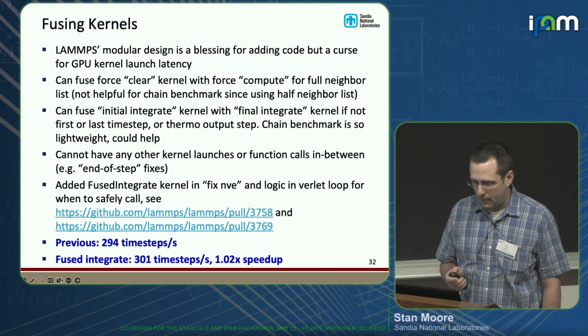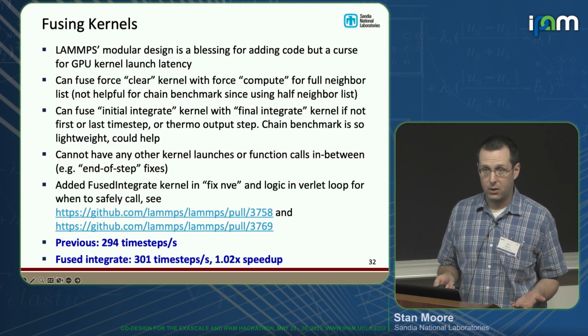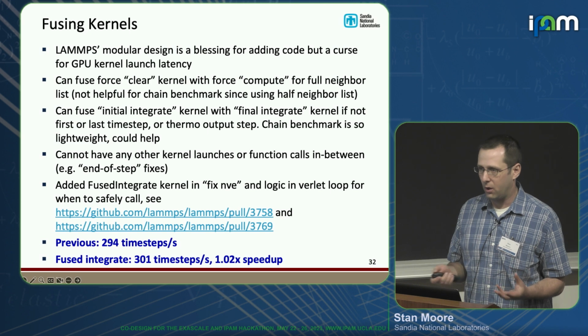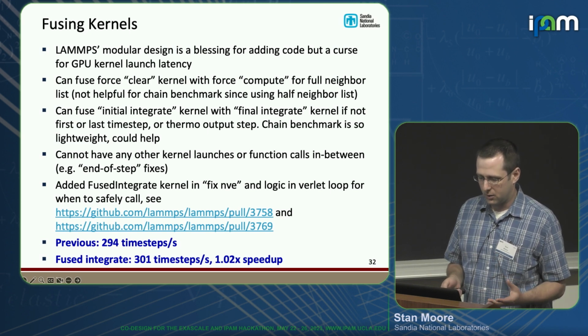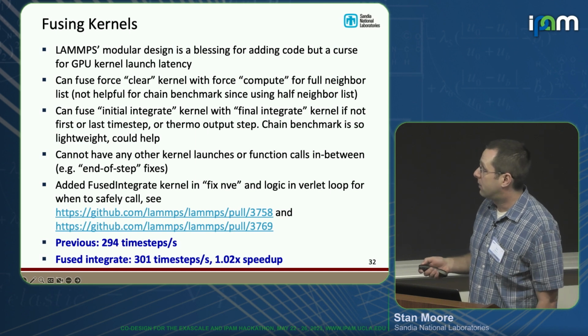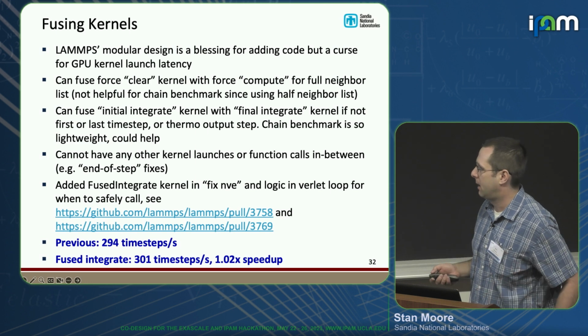So that's what we did. I would say that LAMMPS' modular design is both a blessing and a curse. It's a blessing for adding new code, but it's a curse for GPU kernel launch latency. And so we can fuse the two kernels that I mentioned previously, with the caveat that you can't have any other kernel launches or function calls in between. An example would be an end-of-step fix in LAMMPS.